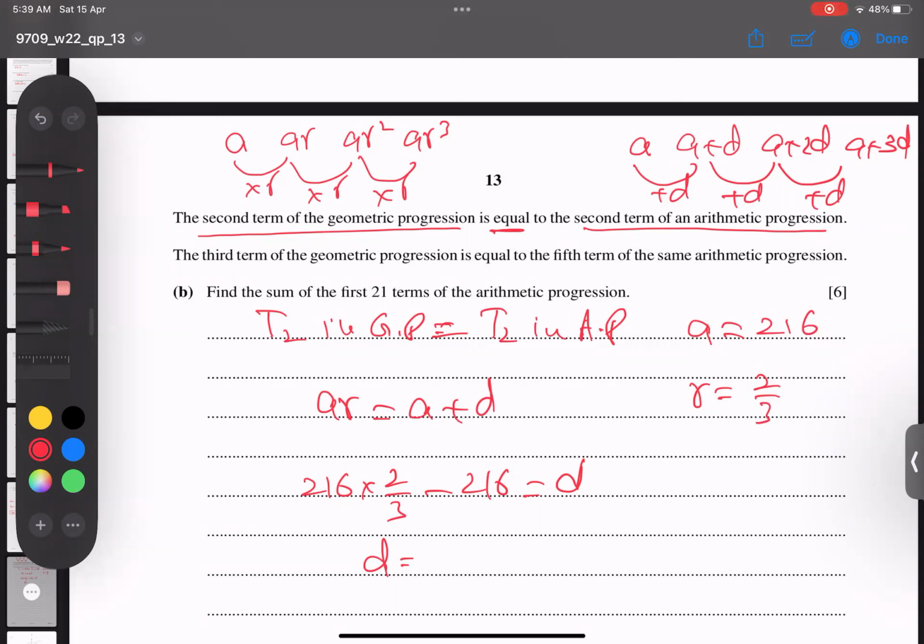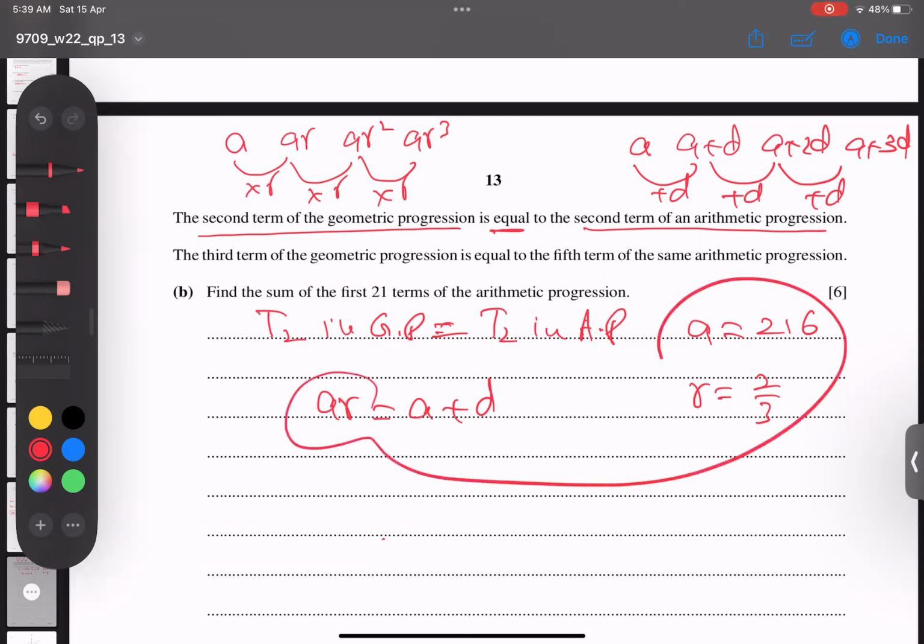Oh, sorry. You know what the mistake is? This is the first term of the AP, which cannot be this A. This A can be the GP's A. This is by mistake, which is why we're getting the wrong answer. So it was a wrong approach.